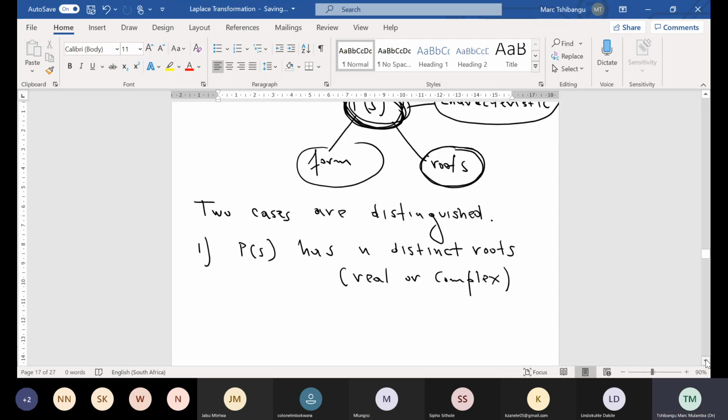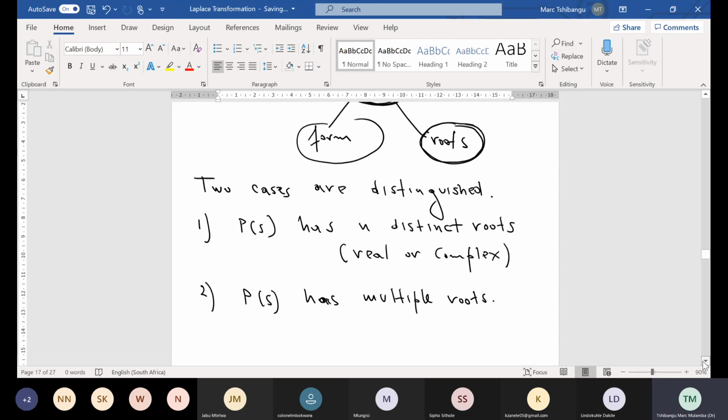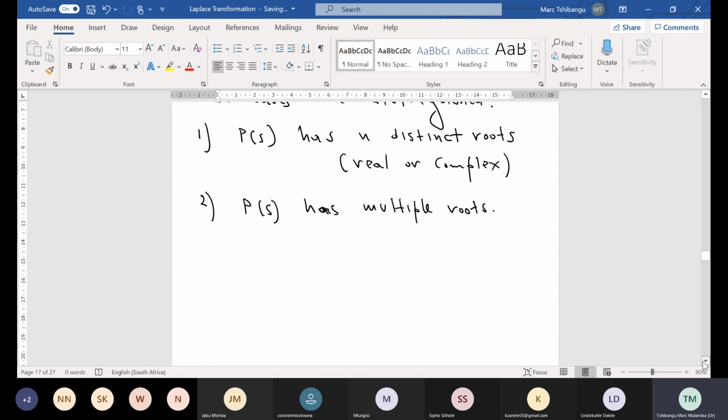Second case, P(s) has multiple roots. So let's look at these two cases.